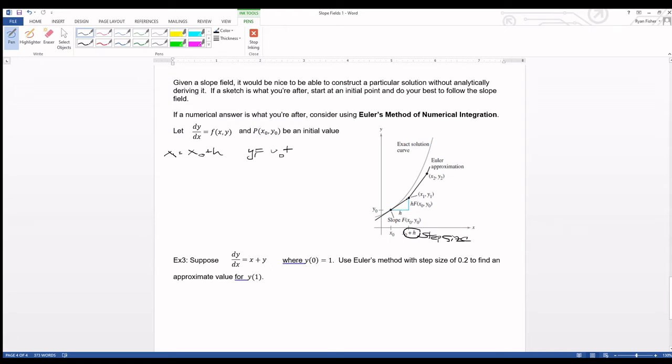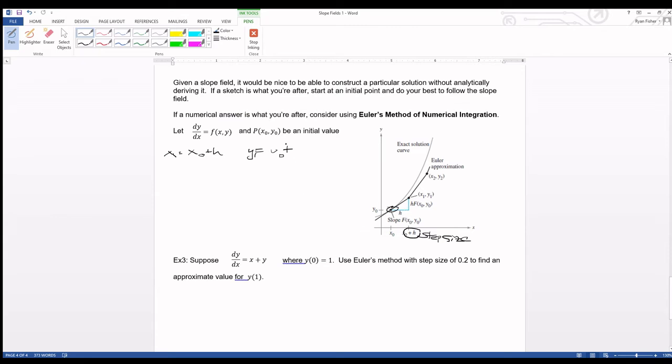So how far up do you go? You're going to follow this tangent line, which has the slope of the tangent, which is the value of the slope field at this point, or the value of the derivative at the original point, x0, y0. And then we're going to use this slope and go this distance h.